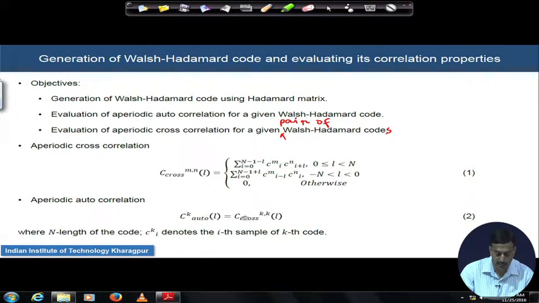So we have only one index k, and we check the correlation property of the code with the shifted version of itself. So we assume an n length code, and specifically small c superscript k subscript i denotes the ith sample of the kth code. So this is the notation that we are going to follow. So a fairly simple definition to begin with, and let's see what kind of a matrix is a Hadamard matrix.